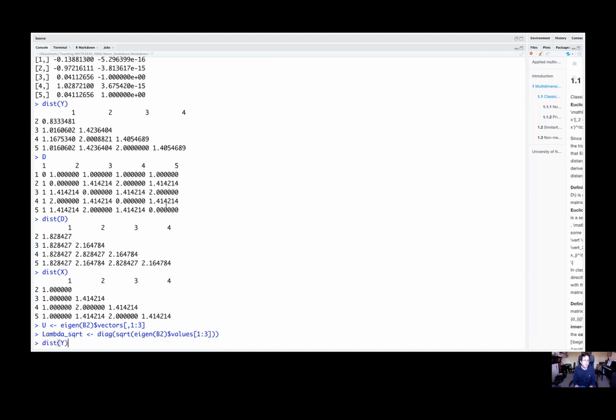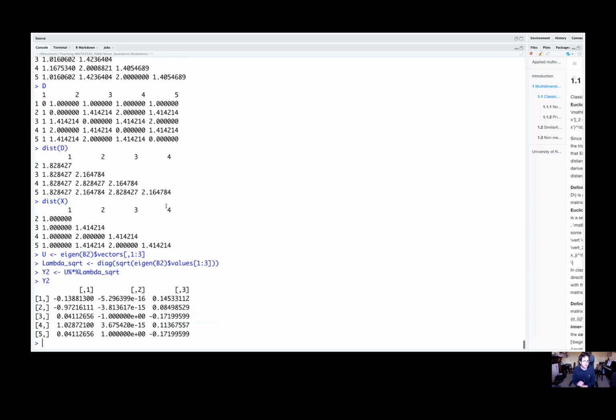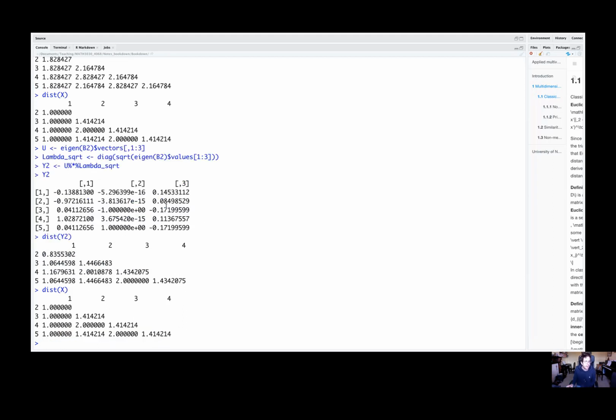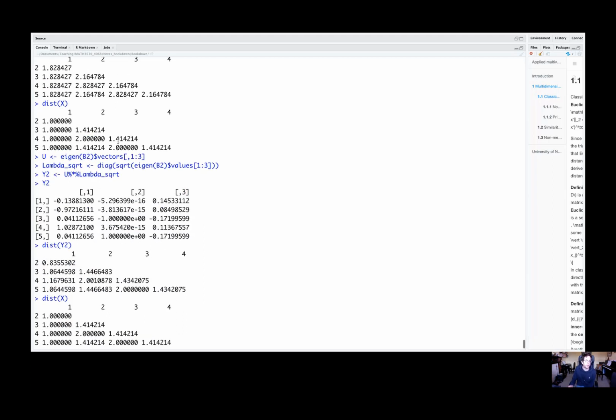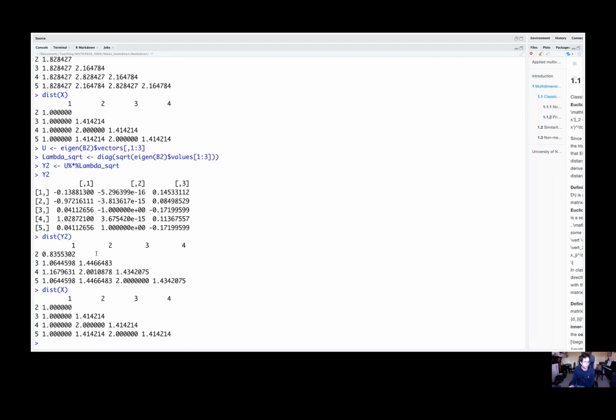Let's now let Y, I'm going to call this Y2, be U times square root of lambda. So these are now points in 3-dimensional space, and let's look at their distance matrix. Compare it with this matrix of X. You can see we're slightly closer than we were before. It's a slight improvement, not much, but we're slightly closer to this distance matrix with points in 3-dimensional space.